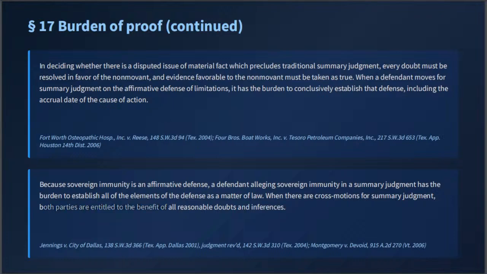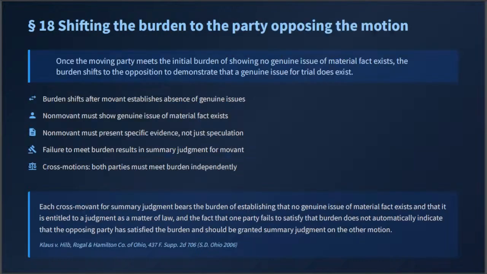Both parties are entitled to the benefit of all reasonable doubts and inferences. So think about that. Sovereign immunity is an affirmative defense, and the defendant alleging it in a summary judgment has the burden to establish all the elements of the defense as a matter of law. A good one to note in those sovereign immunity cases.